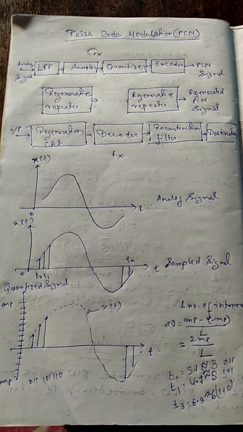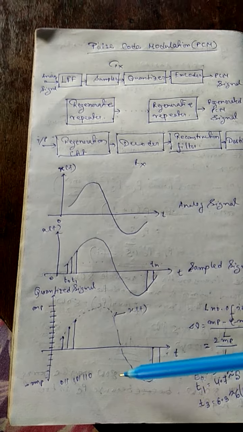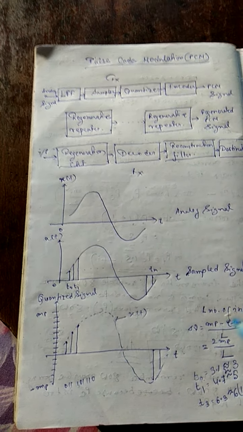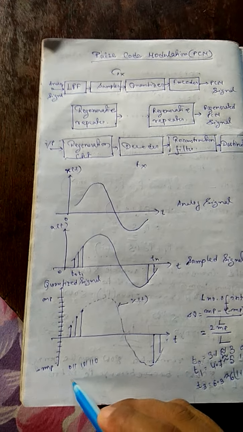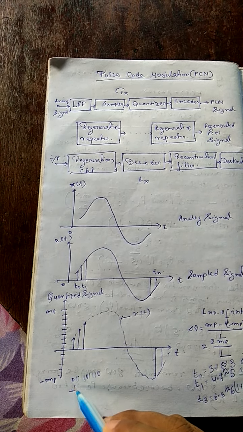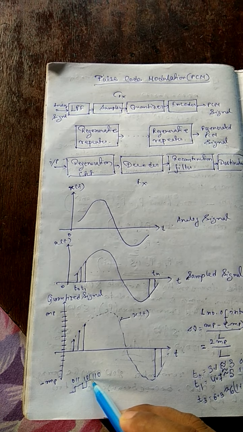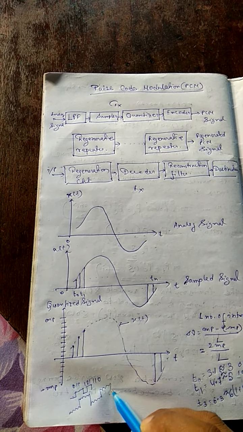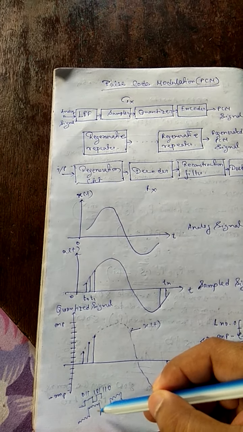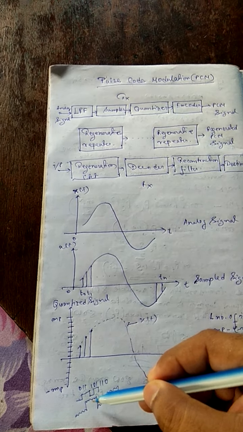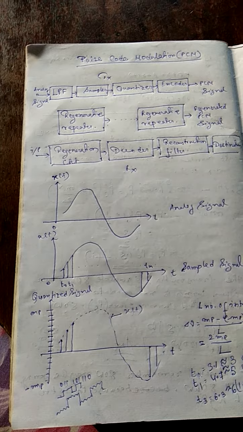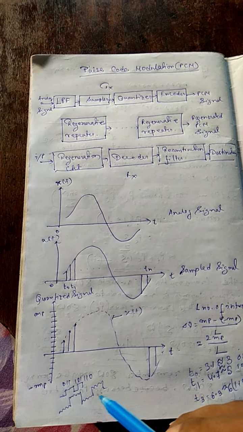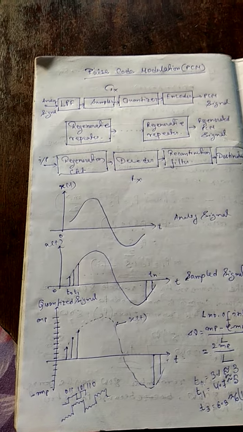There are many processes from here to here: low pass filter, sampler, quantizer, then encoder, and at the end we get the signal as a binary bit stream like 0 1 1 0 1 0. But due to noise or distortion the signal looks different, and the amplitude level is reduced. The regenerative repeater is a process by which we remove that disturbance and restore the amplitude to the desired level.